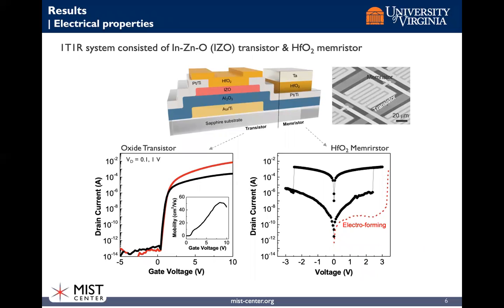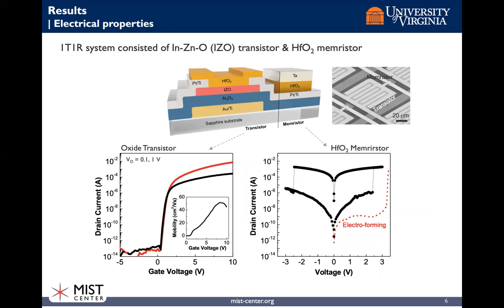We demonstrate the morphological image process based on the neuromorphic hardware. First, we characterize the single oxide transistor and single hafnium oxide memristor separately. As you could see from the figures below, the indium zinc oxide based transistor shows reasonably high carrier mobility, in the left figure below.